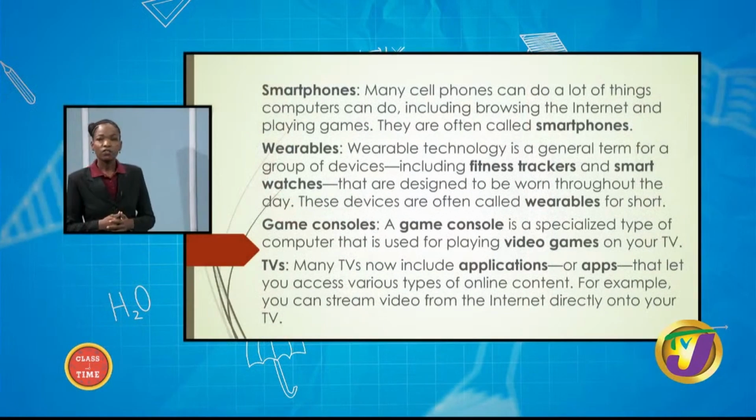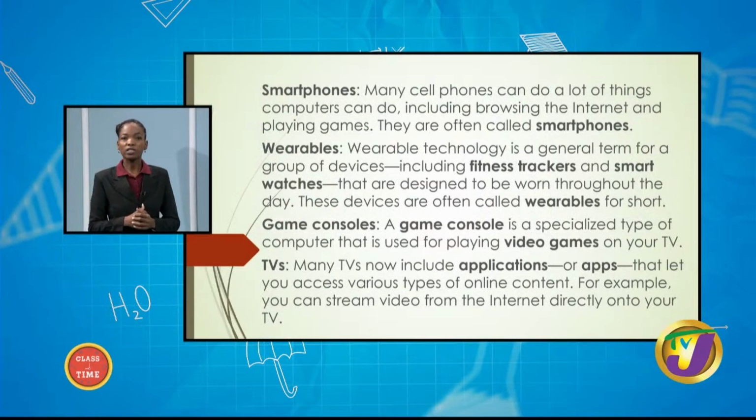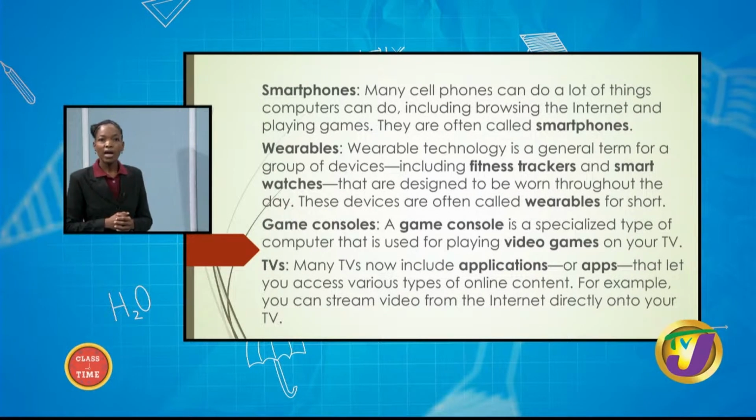Now the TV in itself, because we have smart televisions now, then yes, the television is a type of computer system, because you are now able to access the internet from your television.